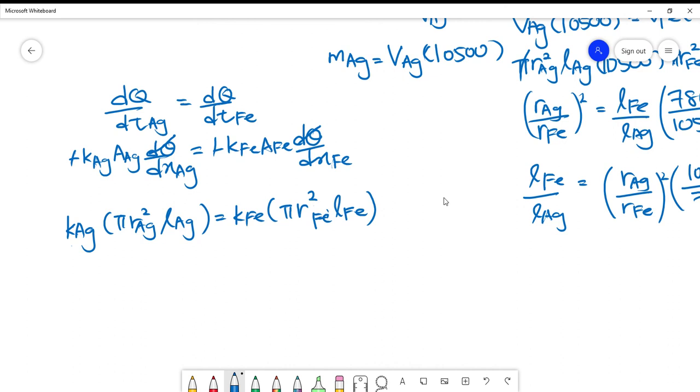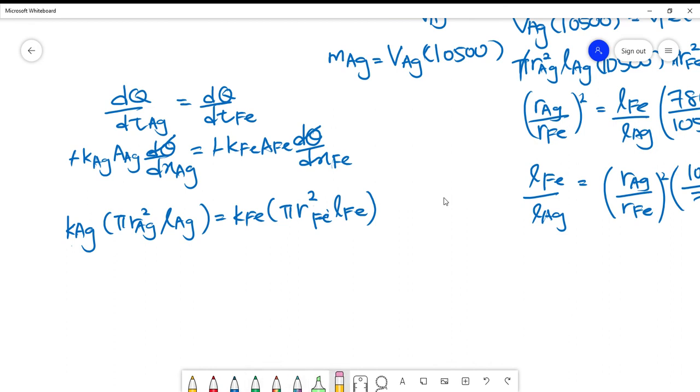Okay, there's something wrong again. Let me think for a while whether there are mistakes. It's actually quite confusing for this one. Oh, there's a mistake here.